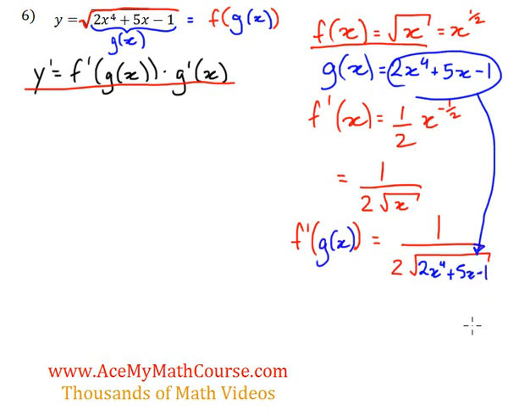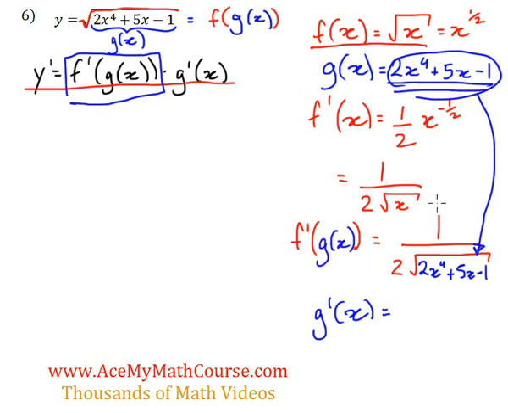Great. Now what do we do? Well, we already have this element right here. We want to multiply it by g prime of x. What's g prime of x? Well, let's just take the derivative of this. 2x to the 4.